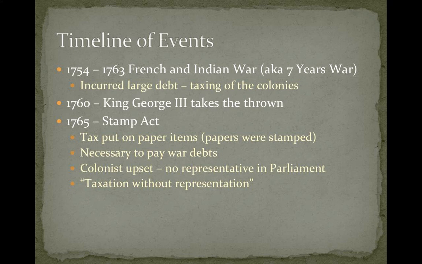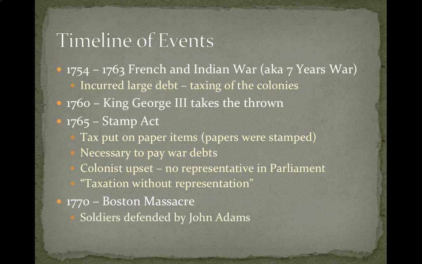The reason that England instituted this tax was to help pay back some of the war debts. And once again, the colonists were upset not because of the tax itself, but because they had no representation in England's government. So they are taxing without the consent of the people. And the thing that they would say all the time is taxation without representation.